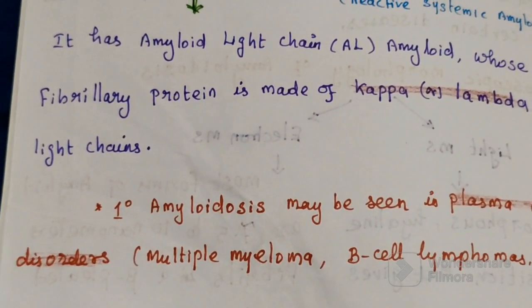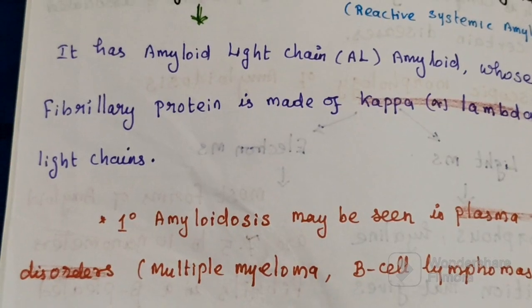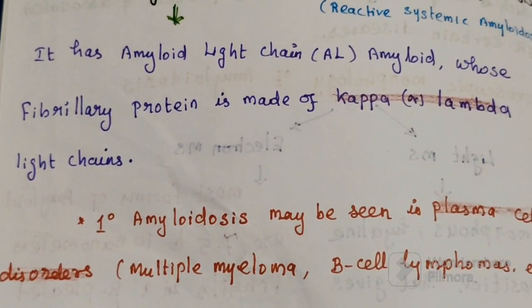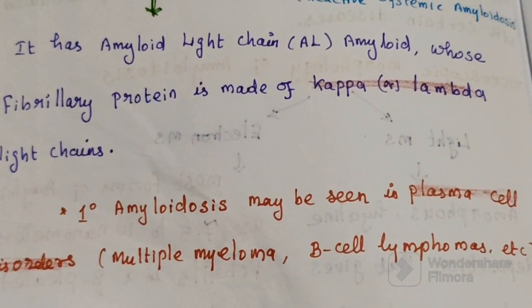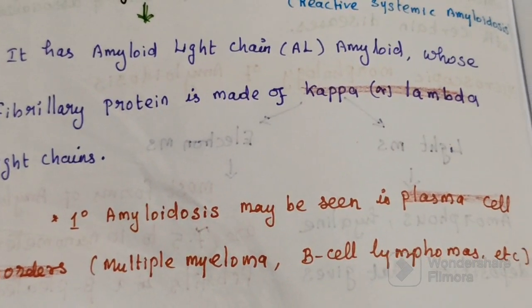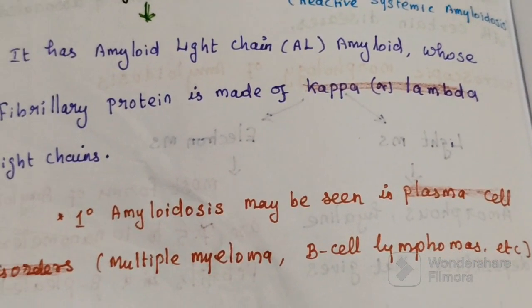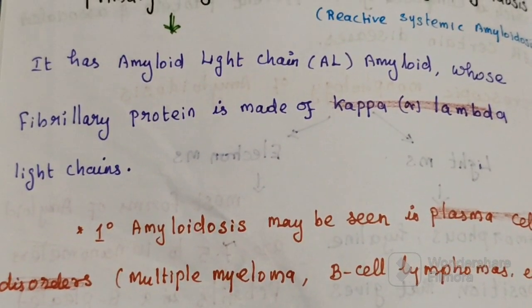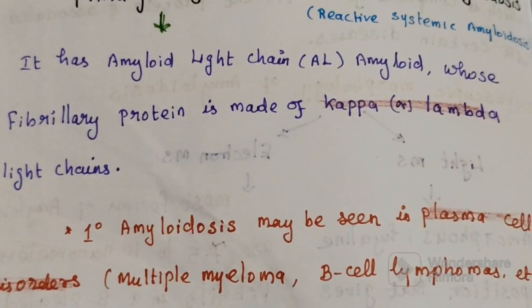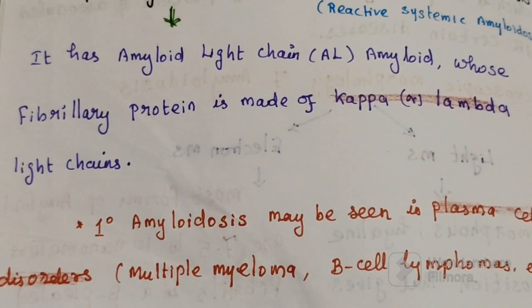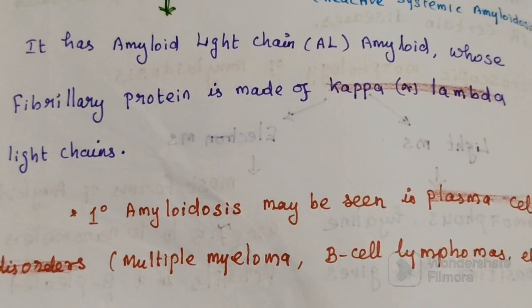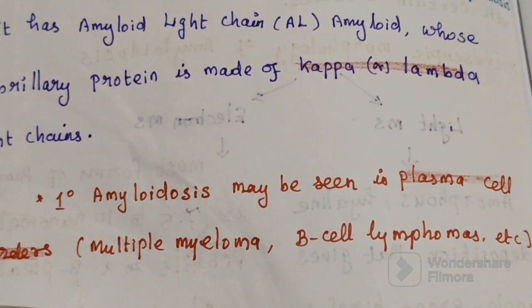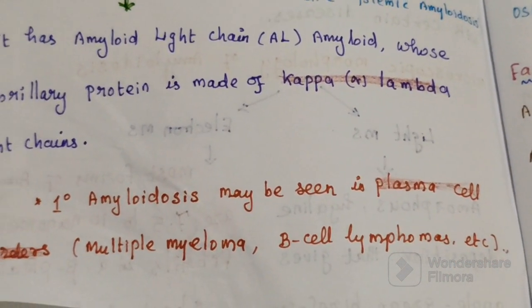Primary amyloidosis may be seen in plasma cell disorders like multiple myeloma and B-cell lymphoma.